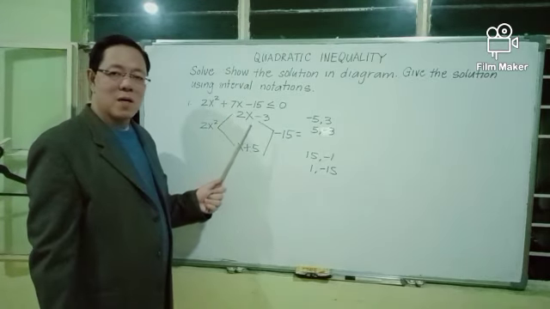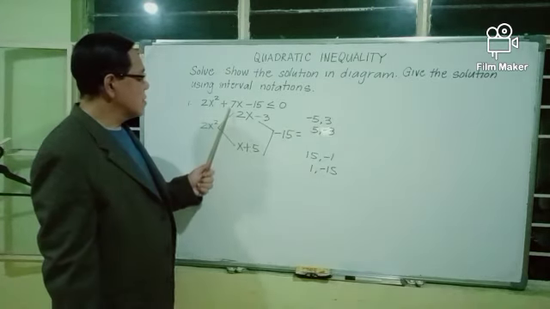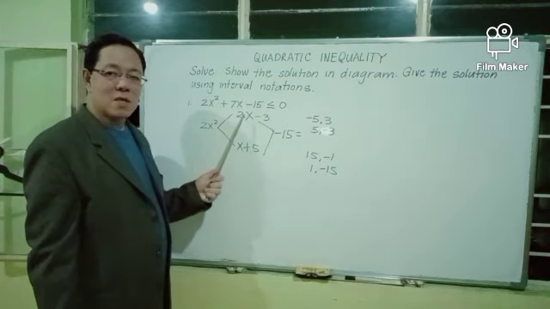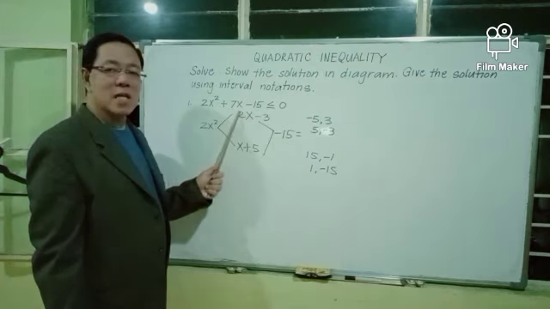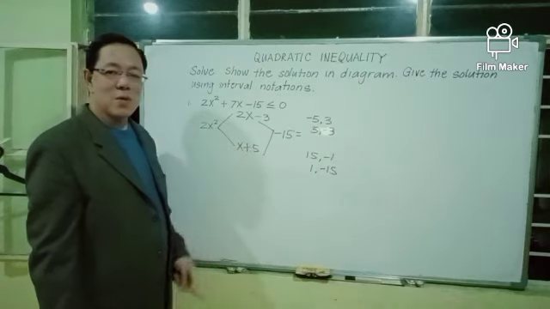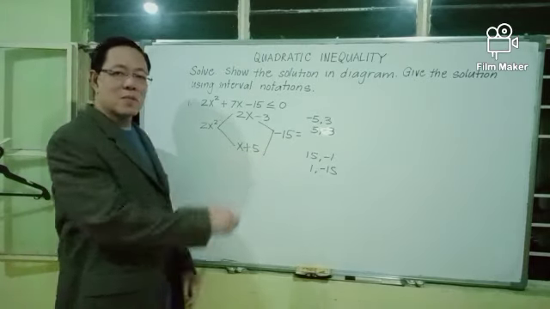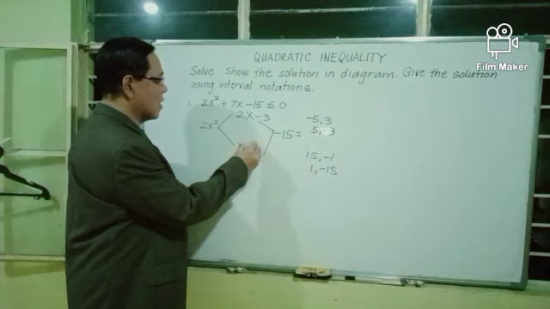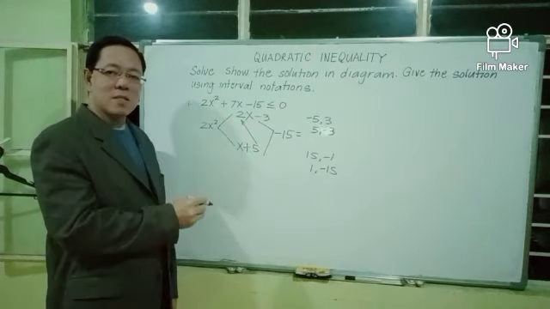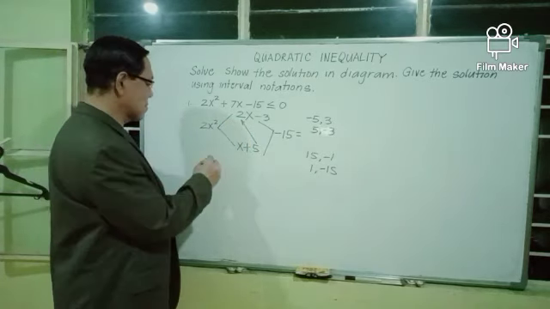And to check, we must get the middle term of the quadratic expression, 7x. And we do the checking by cross multiplication. 5 multiplied by 2x is 10x.